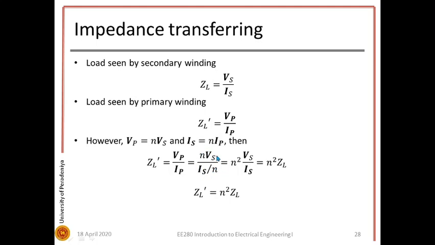So when I simplify this, I would get n squared times Vs over Is. If we refer to the load seen by the secondary side, ZL is equal to Vs over Is. Therefore, ZL dash is equal to n squared times ZL. So this is the impedance transferring relationship of a transformer.